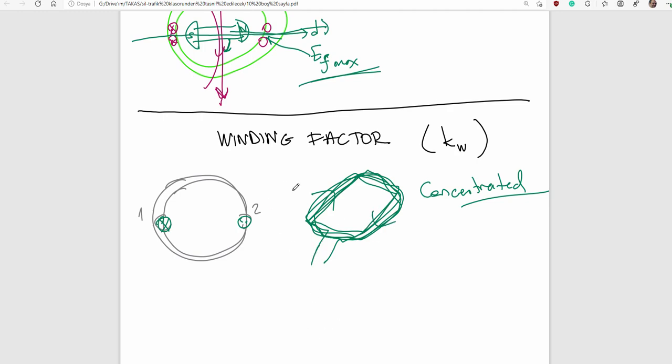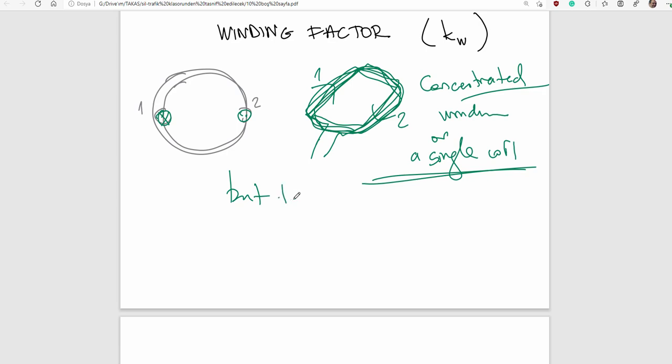Here you see first side and second side of the coil, that is a concentrated winding or a single coil.